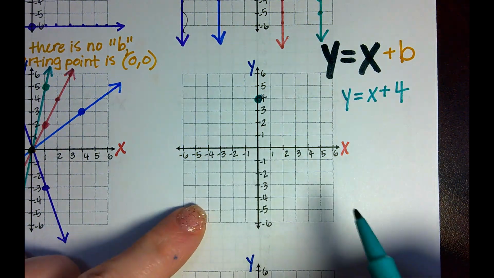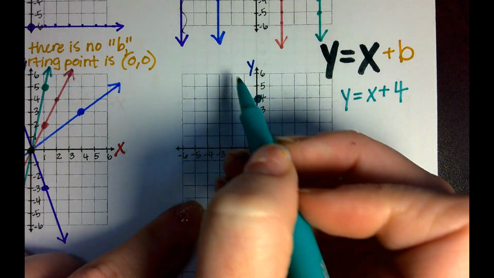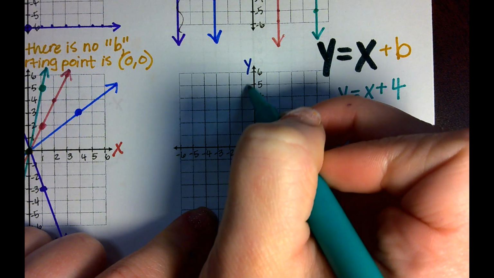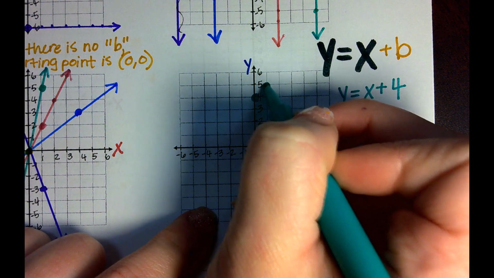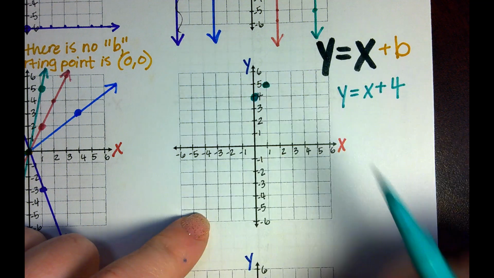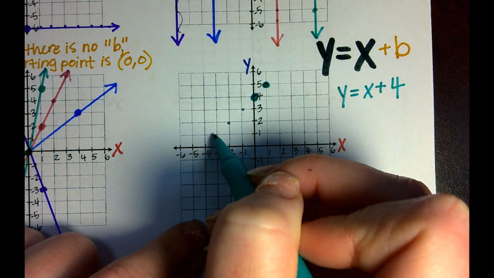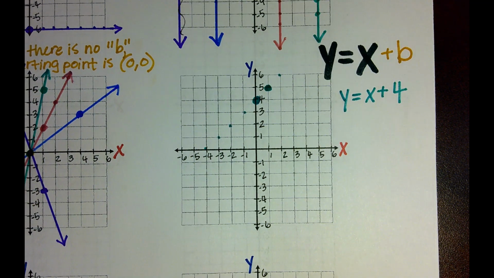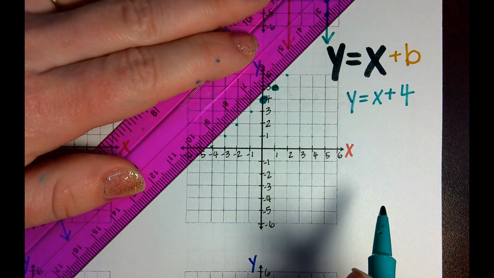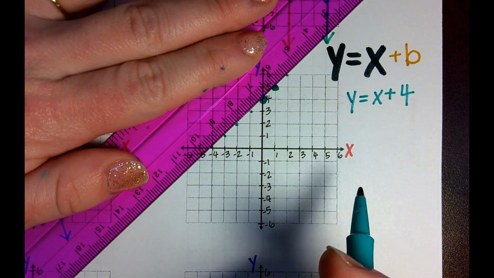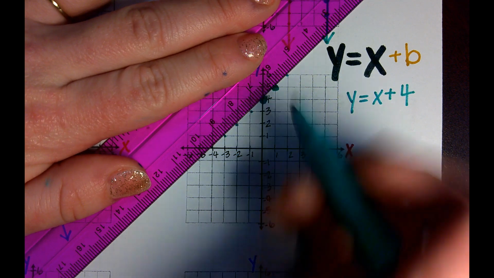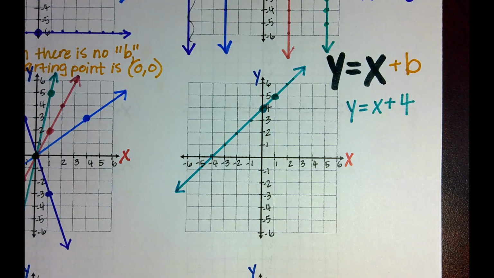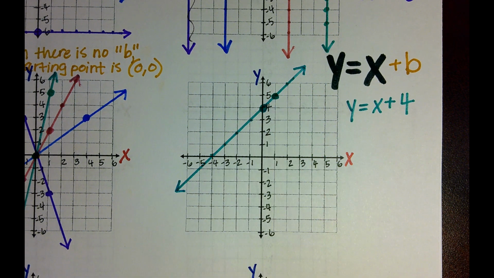Point on 4 on the y-axis, that's our y-intercept. And then you go up to 5 and over 1. Yes. Our slope is 1, so we go up 1 over 1, and here are our 2 points. You could continue the points. It's okay if you don't, but it will give you a more accurate looking line. And we will connect these dots. So there is our y equals x plus 4.